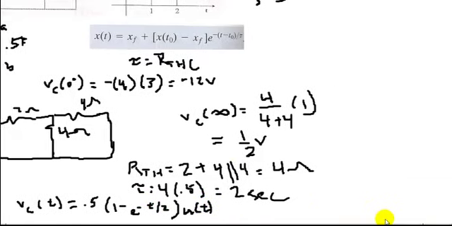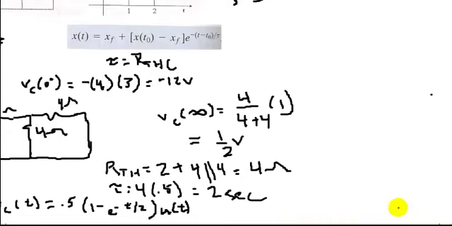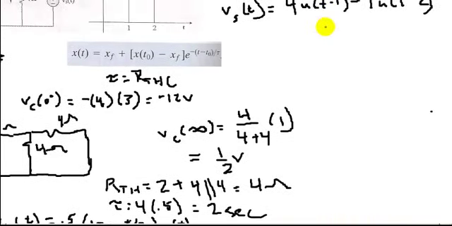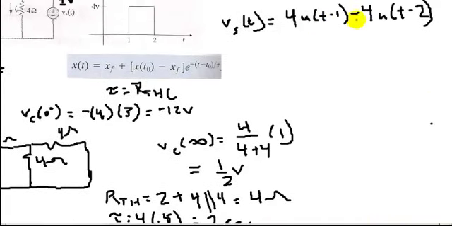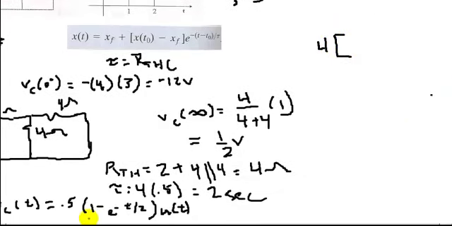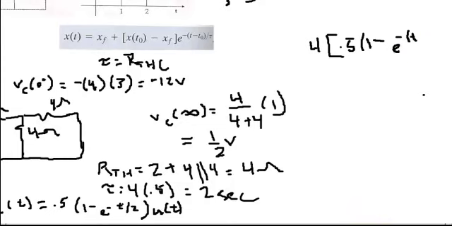So let's see how it works out. Let's start with this value, 4, times this final voltage, 0.5, times 1 minus e to the minus, what is t? Don't forget we're delaying. Delay by how much?